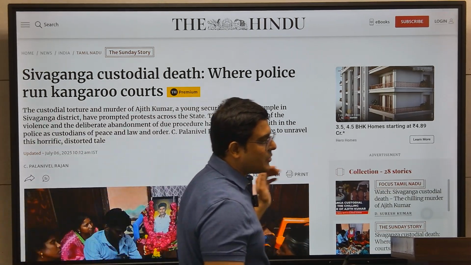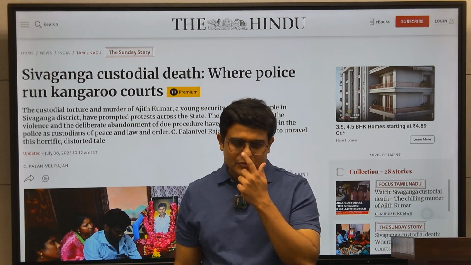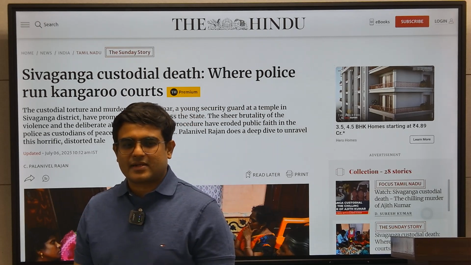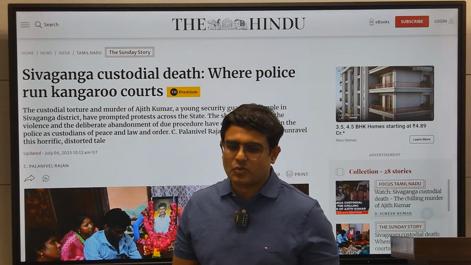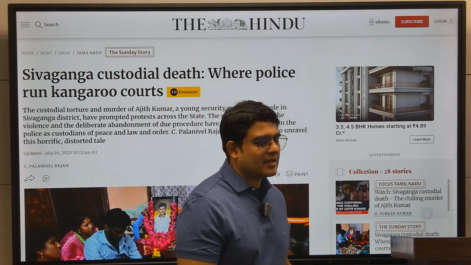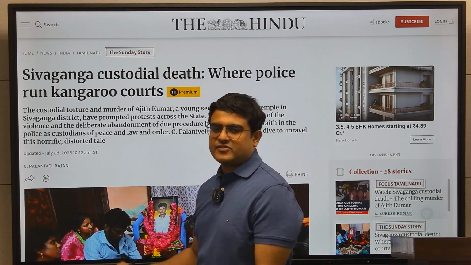A brief story about this incident. There is a temple in Sivaganga, so devotees went there. They asked a watchman to park their car. They had their gold bangles, necklaces, etc. Then they took the car, went home, and then accused the watchman of stealing the gold.